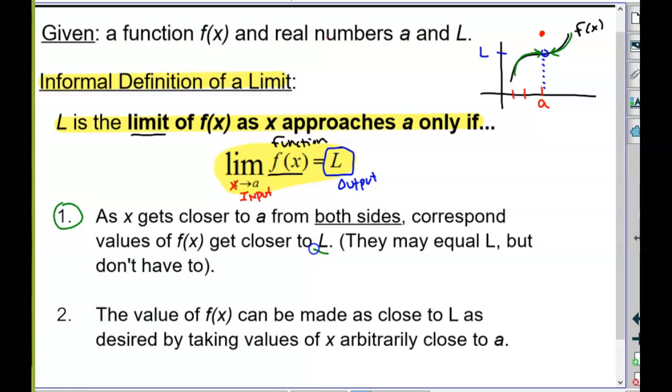There's a lot of different options for what's happening exactly at A, but what we want to do is we want to talk about as we approach this value A. And the big thing that you need to know is when we talk about the x value here, that's the inputs, right? That's my x values, which are moved left to right. My answer to the limit is the output. That's the y value.